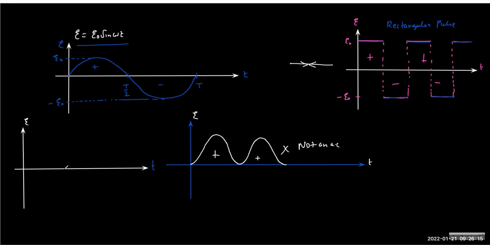So now imagine if I create a current which first grows linearly and then suddenly changes the sign. Then again it goes like this, and then again changes the sign. So when you reach the peak, you reverse the sign.